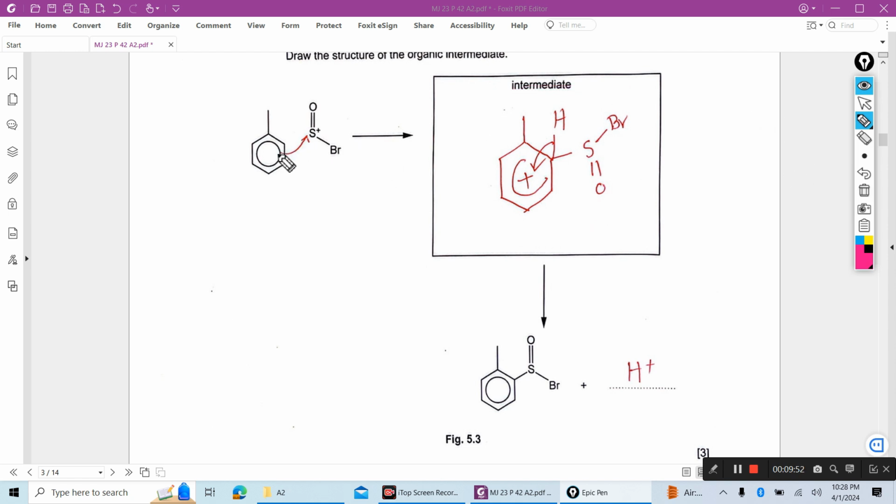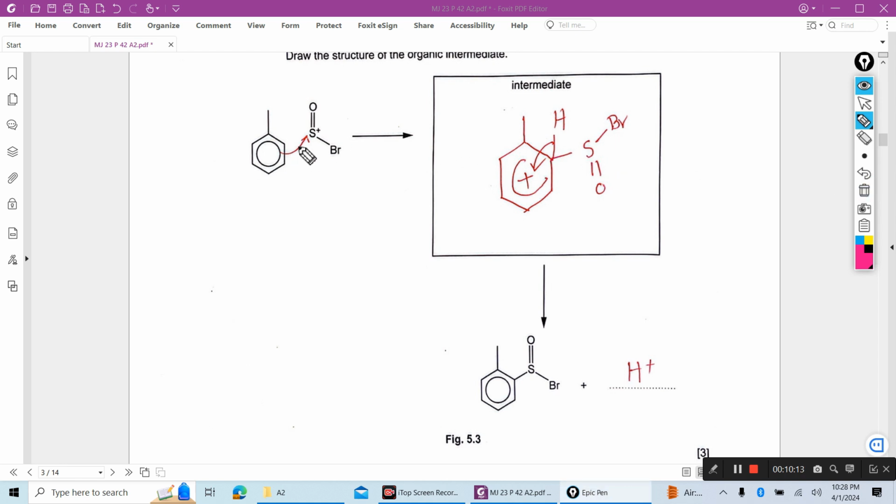This is known as the intermediate. The pi bond gives electrons to the electrophile, and in methylbenzene, at the second position, one hydrogen is already present. So SOBr is added to this carbon.